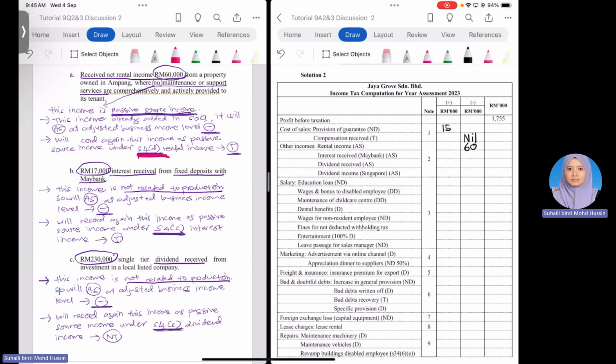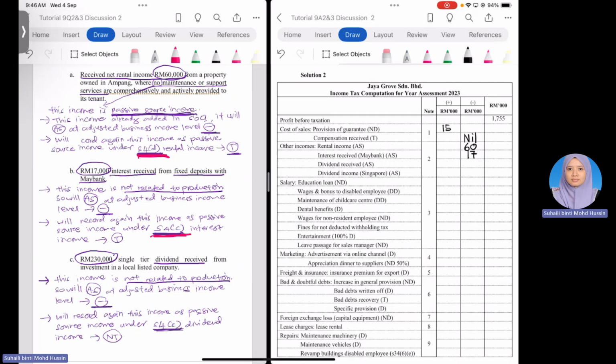So at the adjusted business income level, we have to minus out the amount, and it will appear again under the class of income section 4 subsection C. 17,000 ringgit. We minus out the amount and it will be recorded again under section 4 subsection C. It will be assessed separately.